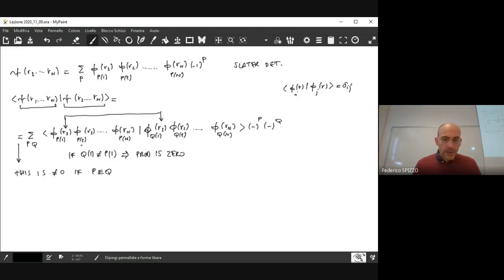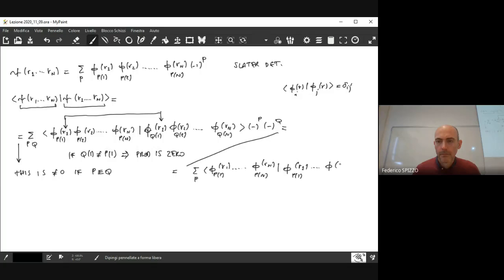So at the end of the story, this is equal to a summation over P. I just choose P to say a set of permutations. So the only solution is to have the same permutation on both sides of this product.